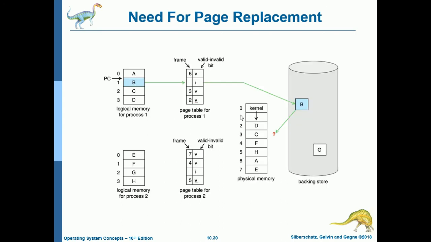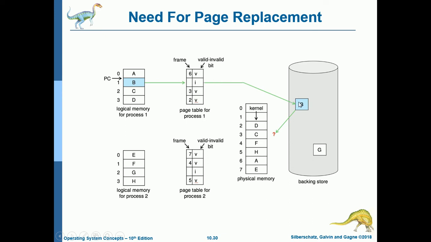So, the need for page replacement. For example, for the program counter, we have logical memory for process 1, and it is loaded into the page table for process 1. It is invalid since it is still empty, but once it is in the page table, it will be valid.